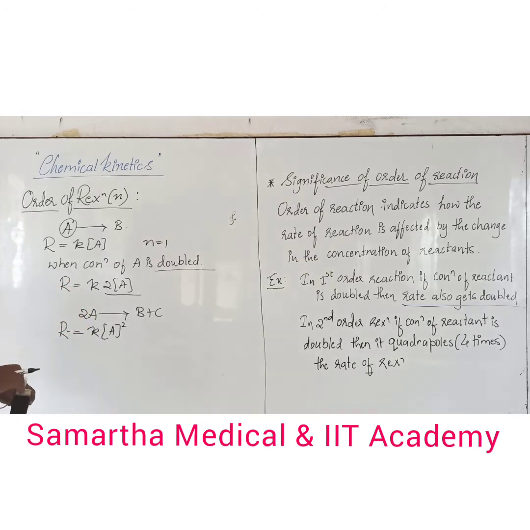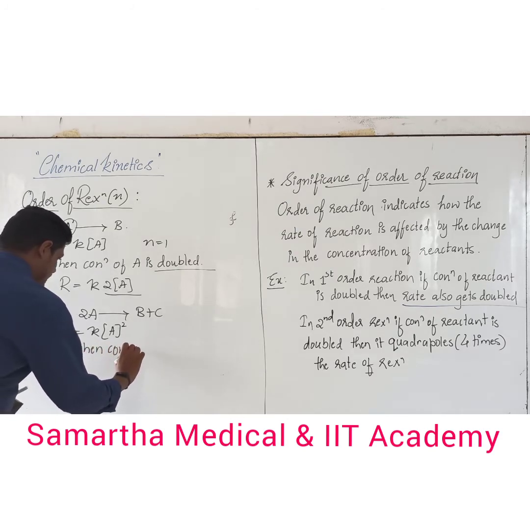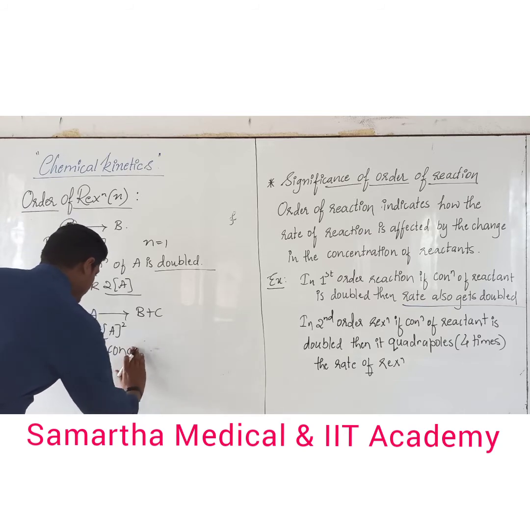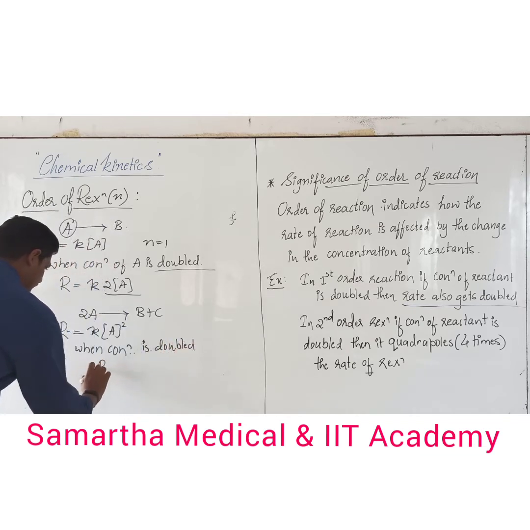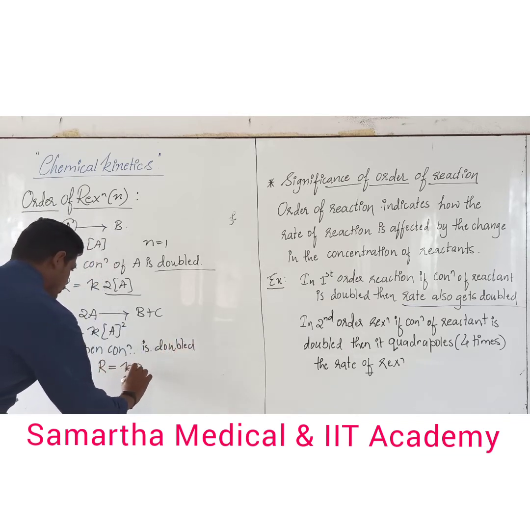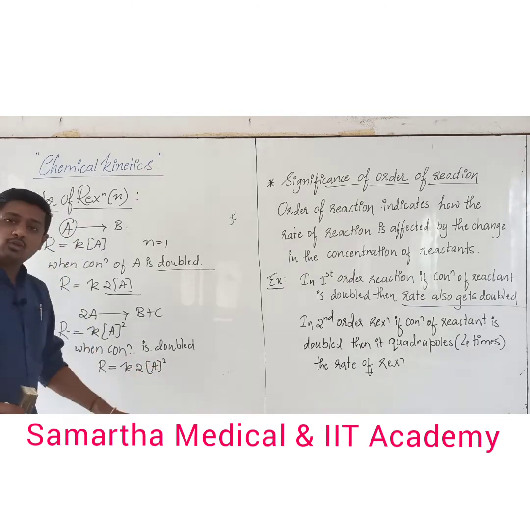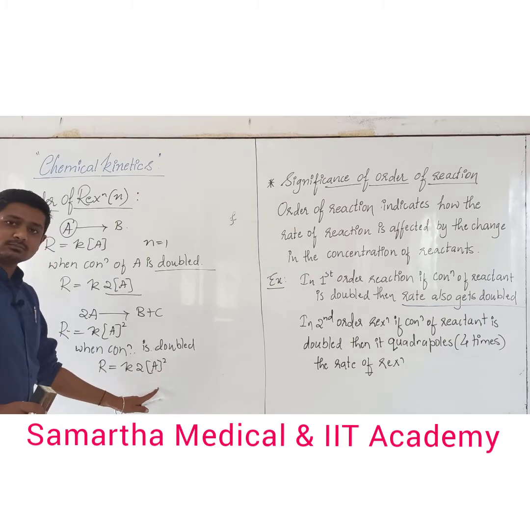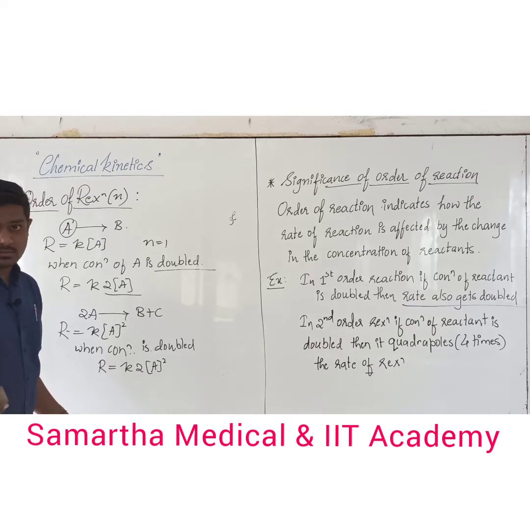Now if I double the concentration, then what will I write? R is equal to K into 2 times A, to the power square. So it is obviously getting 4 times. It will get squared and multiplied by 2. It becomes 4 times. I hope this idea is clear for you people.